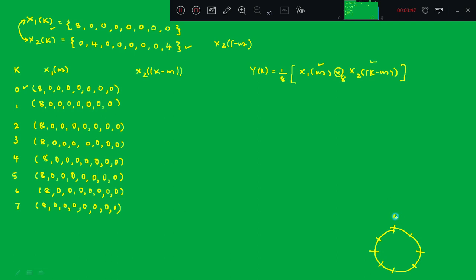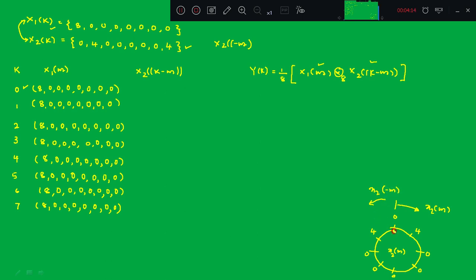This is my X2 of m: 0, 4, 0, 0, 0, 0, 0, then 4. From here, if I take clockwise direction, I will get X2 of m. If I take this side, I will get X2 of minus m.